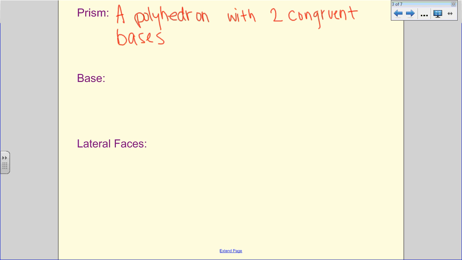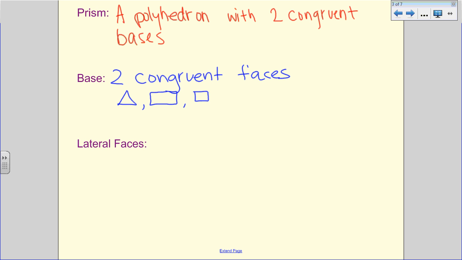All right, so there's no vertex at the top. The base of a polyhedron are the two congruent faces. And so often it's going to be a triangle, a rectangle, or a square.